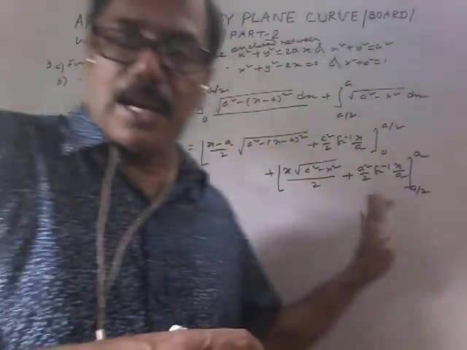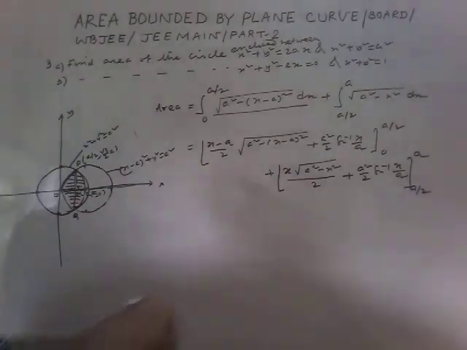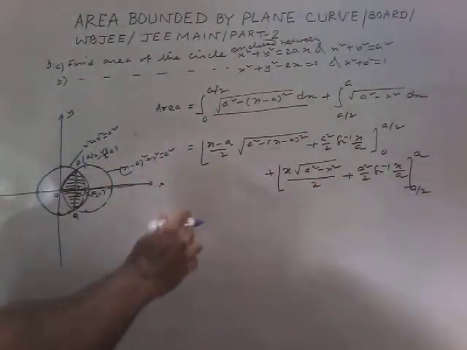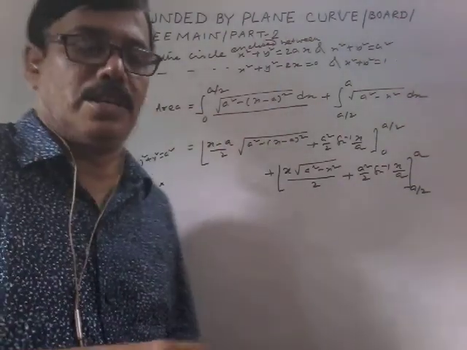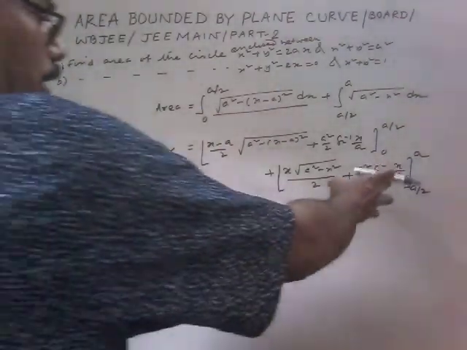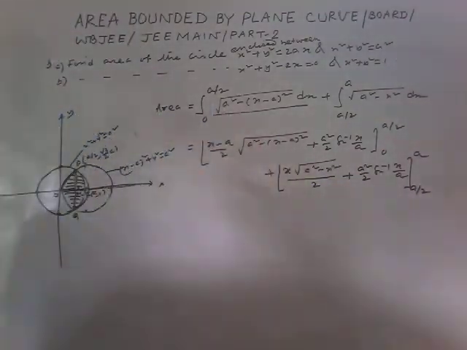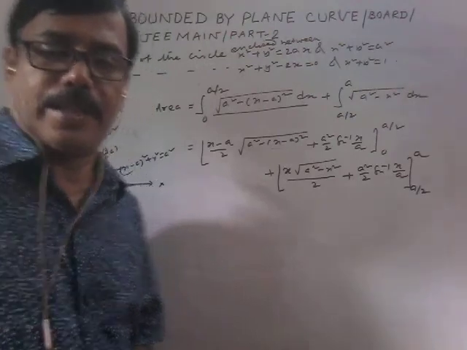So this is the area. Or you can multiply this part by 4, or this by 4, due to symmetry. So if you calculate this part and multiply it by 4, then you also get the area.